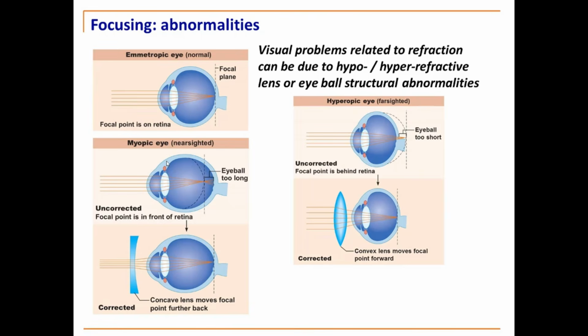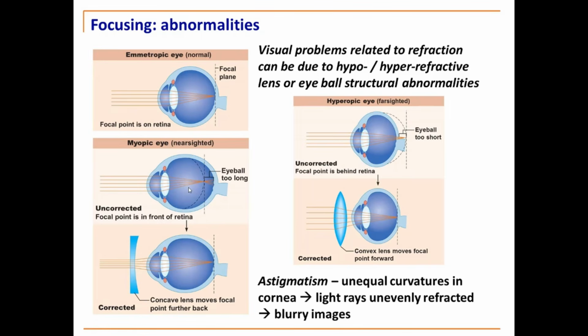Comparing those images, you can see it's squashed in a little bit, whereas the myopic eye is stretched out a little bit. And you've got astigmatism, where you have unequal curvatures in the cornea, and the light rays are unevenly refracted, leading to blurry images. That can be treated with laser surgery, for example.